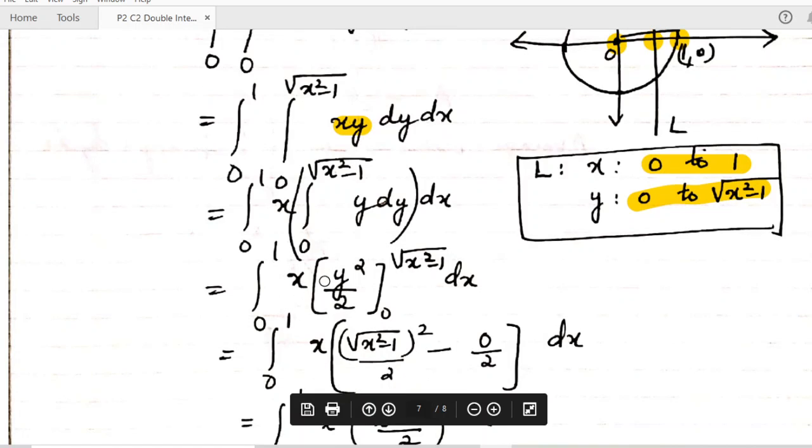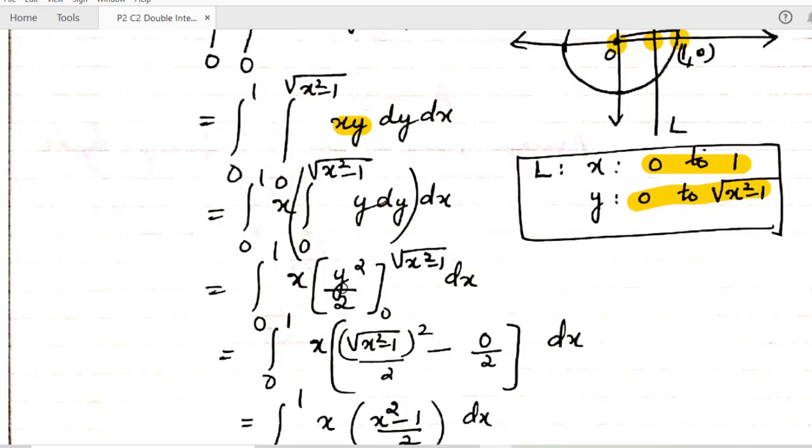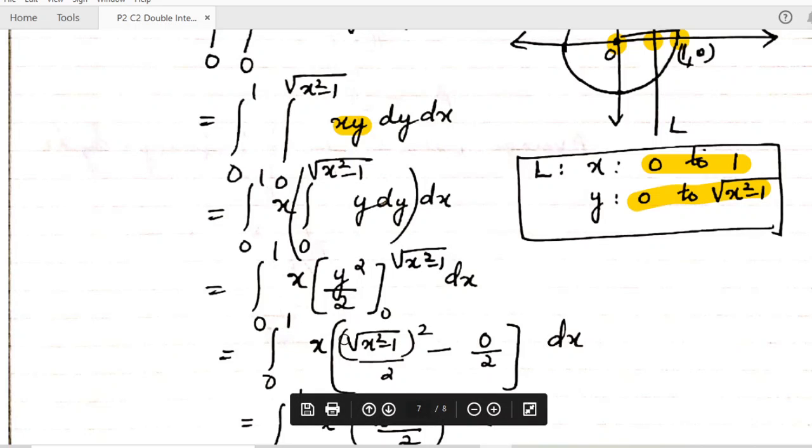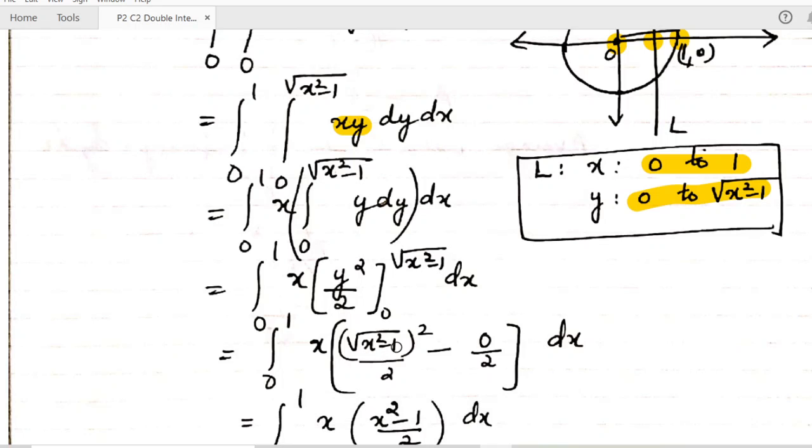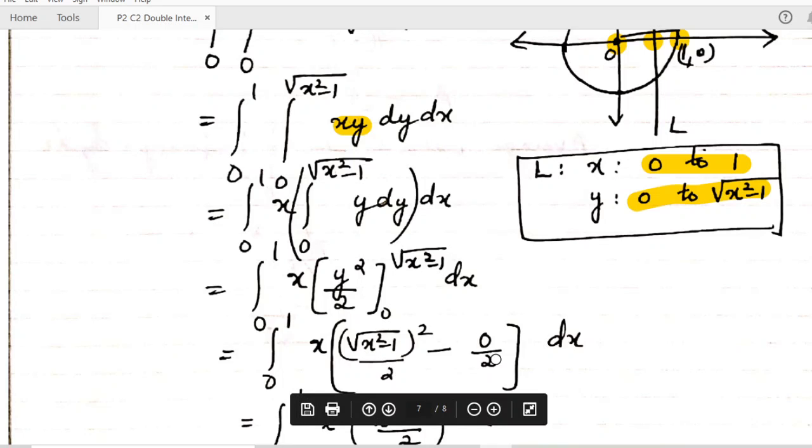Integral 0 to 1, x into, now integral of y is y square by 2, with the limit from 0 to root of x square minus 1, dx. So integral 0 to 1 x into, putting the limits of y, we get root of x square minus 1 the whole square by 2 minus 0 by 2, dx.